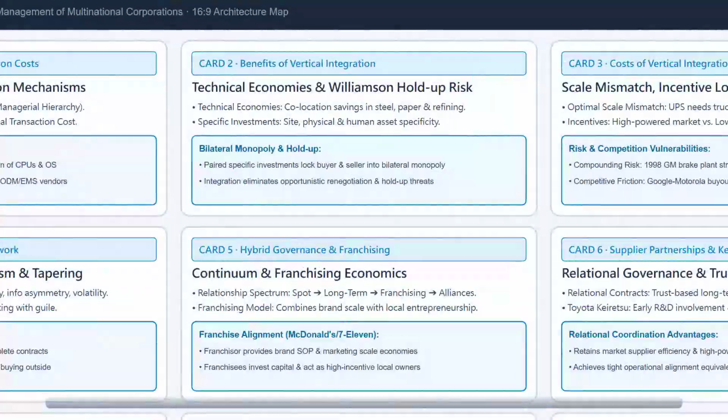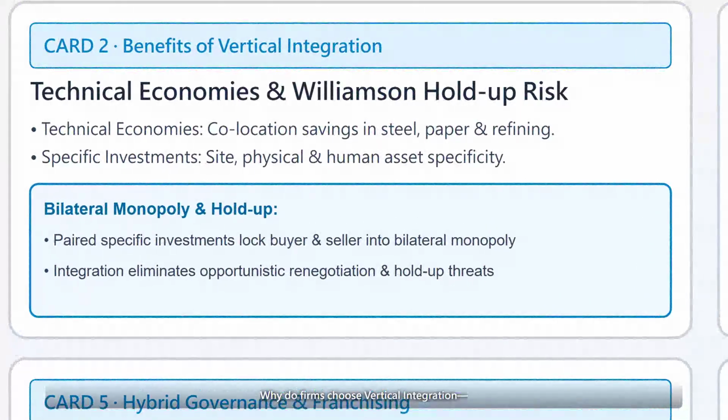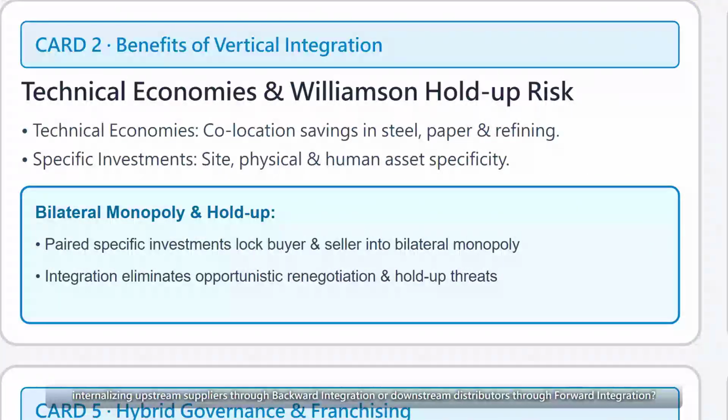Why do firms choose vertical integration? Internalizing upstream suppliers through backward integration or downstream distributors through forward integration. First, technical economies provide physical co-location savings, such as integrating iron smelting and steel rolling to save reheating energy.